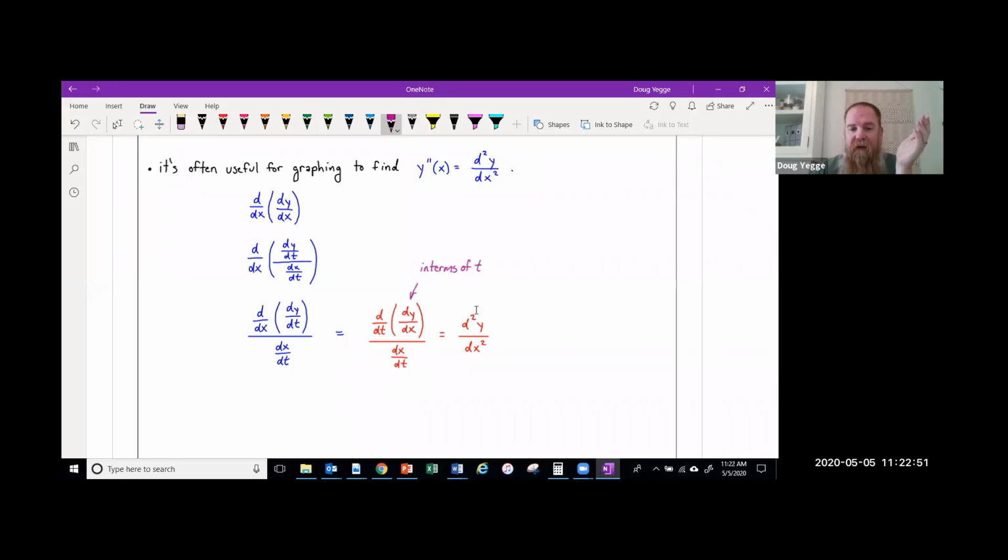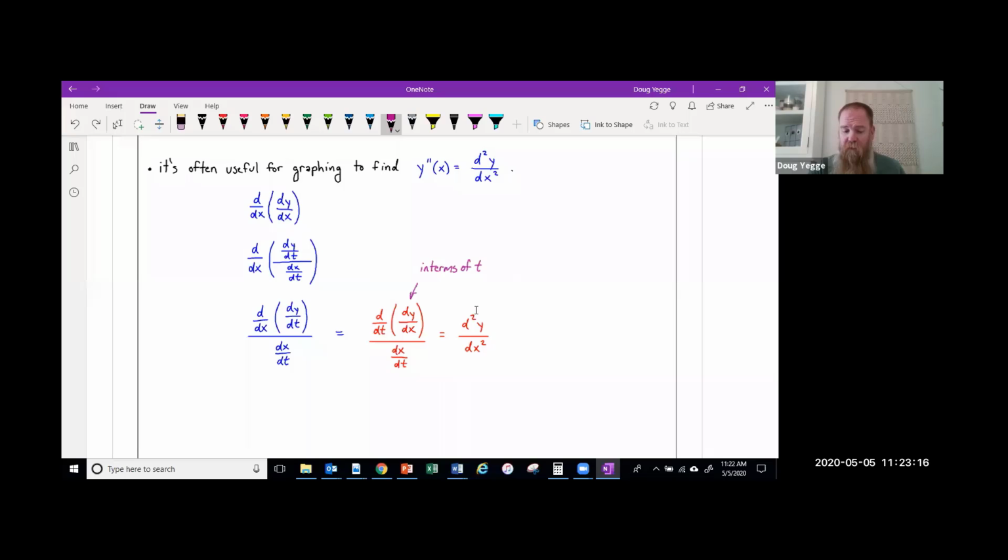So if I now say d/dt of something that's already in terms of t, then I just differentiate that new derivative like normal. So the derivative of dy/dx is going to be the derivative of dy/dx with respect to t divided by dx/dt. And that is one proof of why that works.